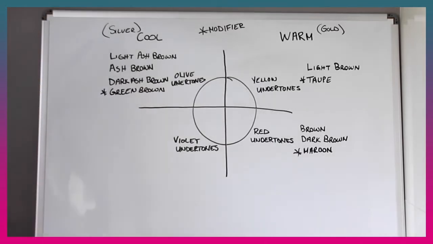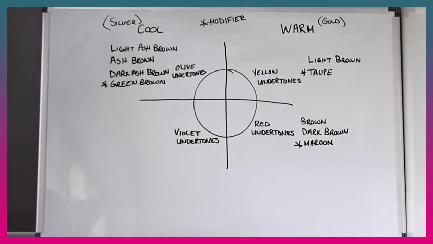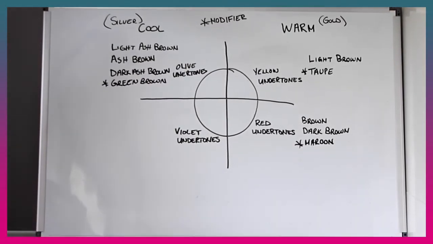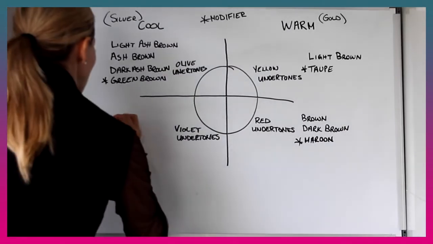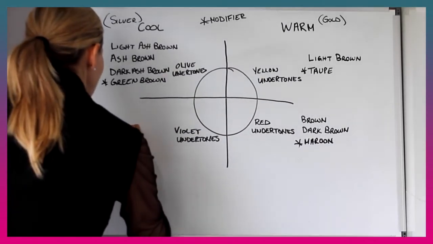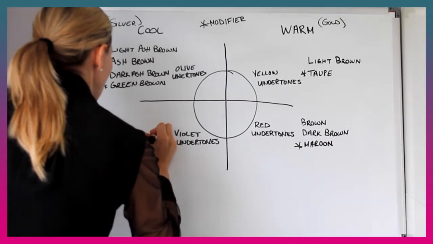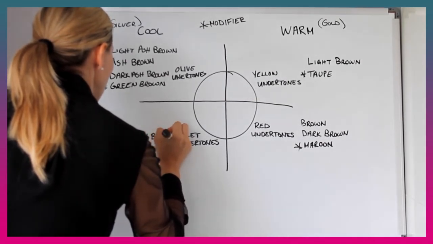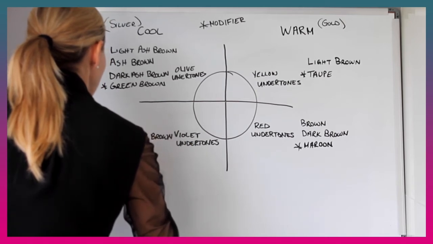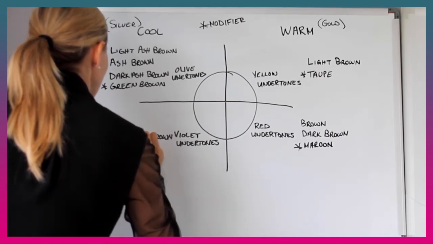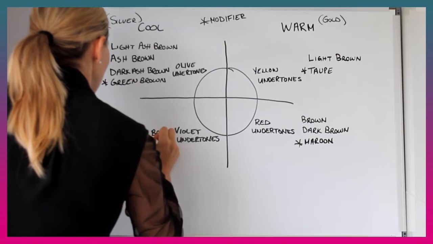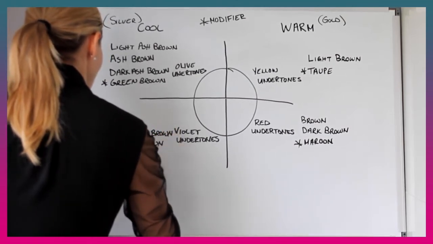Put a star near green brown. That is your modifier. And then lastly, the violet pigments. Dark ash brown can double as a violet. Black brown. And gray.